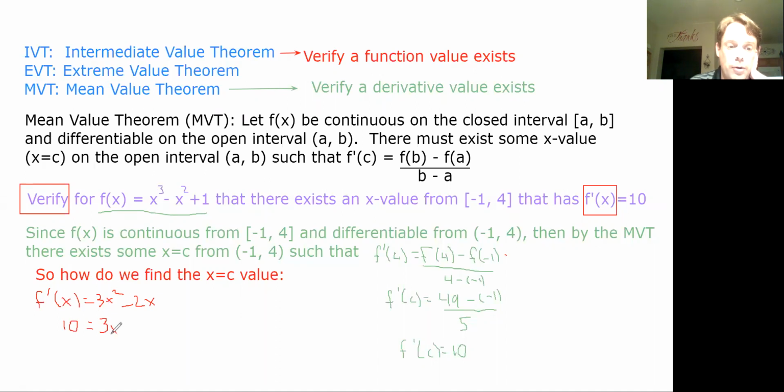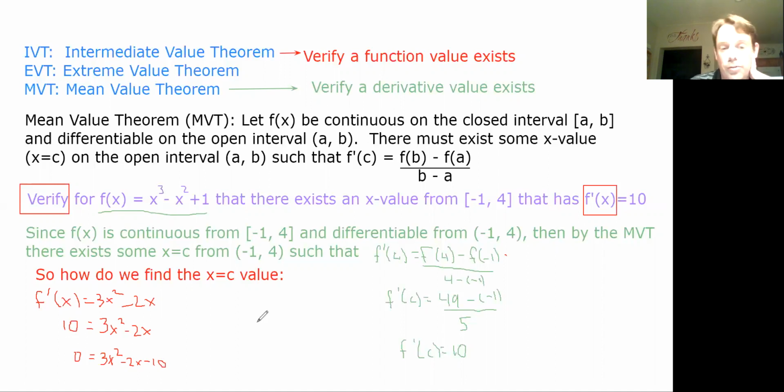Three x squared... I don't know what it's going to be, but I know that I have to have at least one value on my interval that would have it. So if I had to go and find it, I could. Again, very rarely are we ever asked to go find it.